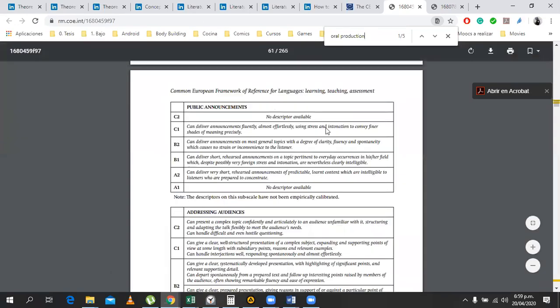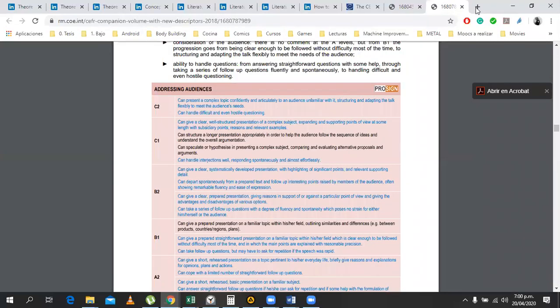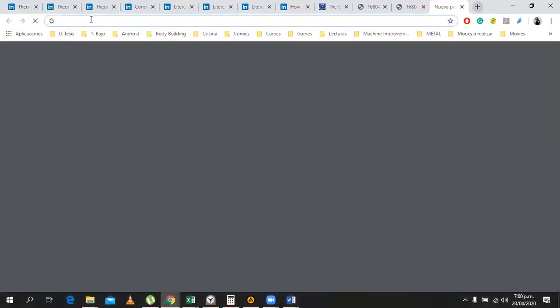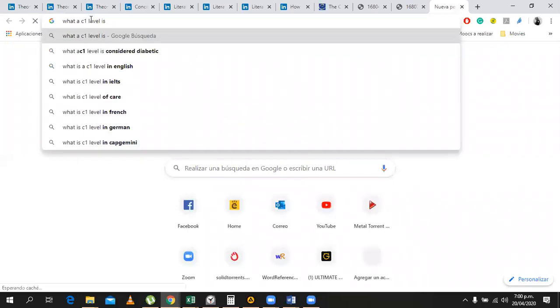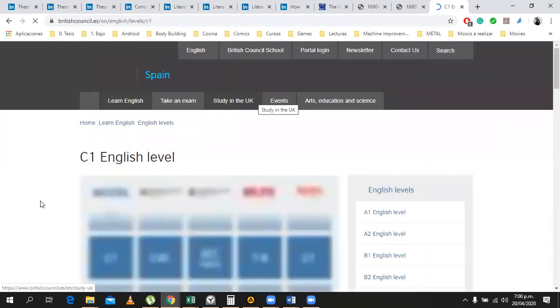Now, in order to talk about what a C1 level in English is, I think we have to go to the British Council webpage for it to tell us what the ideas are, which are going to be the equivalents.